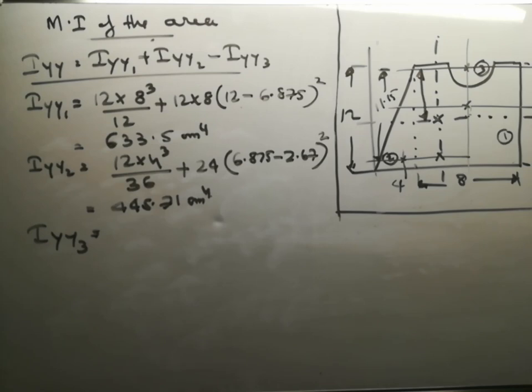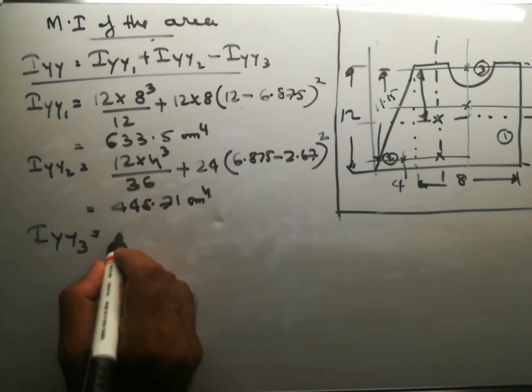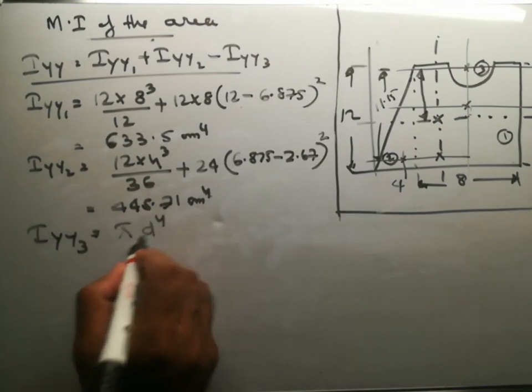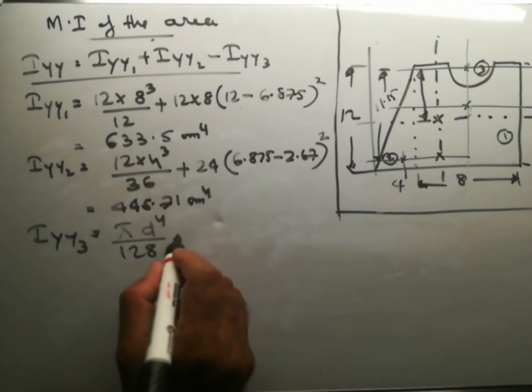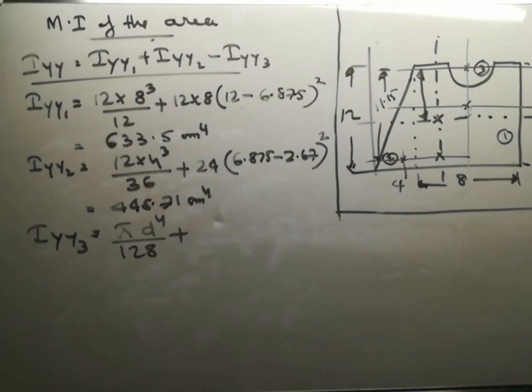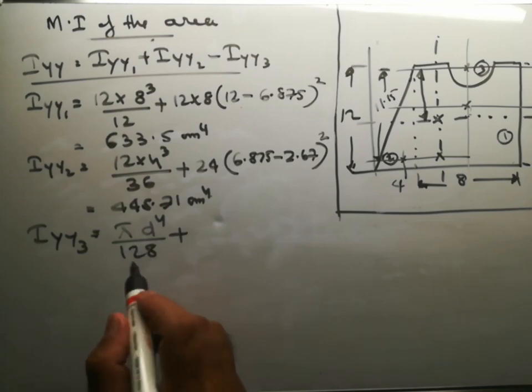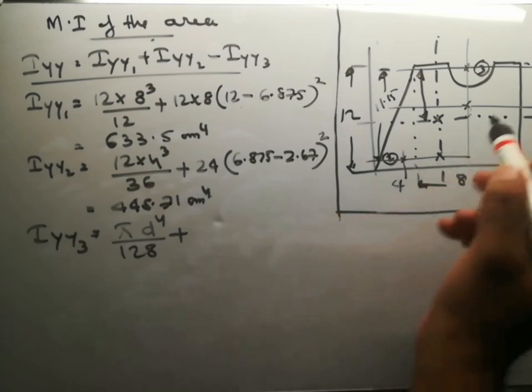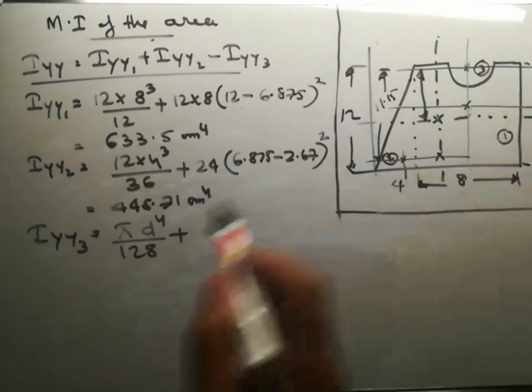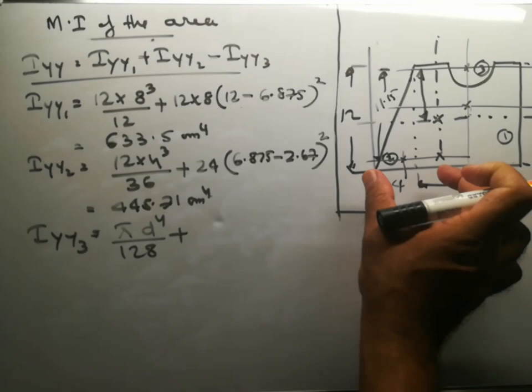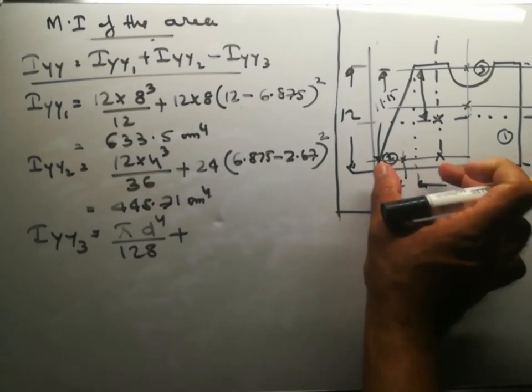So it is equal to pi d raised to 4 divided by 128 plus the area into x bar or x3 minus x bar.